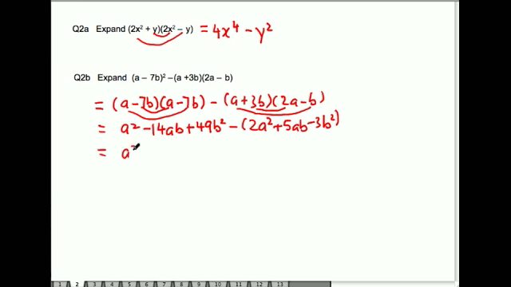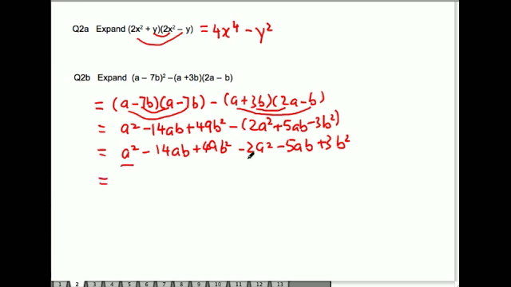Next, we open up the brackets and change the sign. We have minus 2a squared, minus times plus is minus 5ab, minus times minus plus 3b squared.